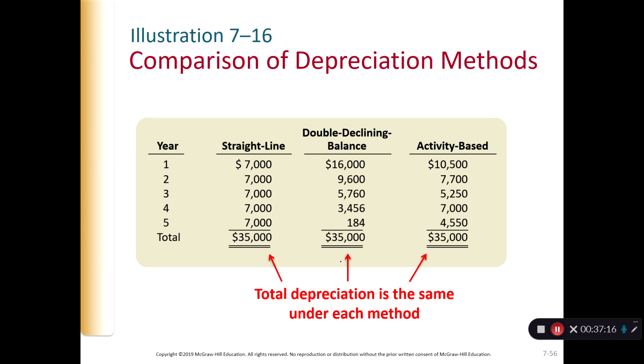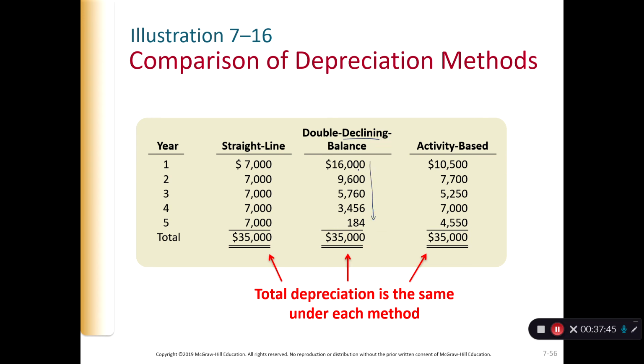Okay, so we want to compare the depreciation methods: straight line, double declining, and activity based. Straight line, as the name says, is always straight, right? Straight means that every year you depreciate the same amount. Double declining, as the name indicates, means it's declining really fast, right?